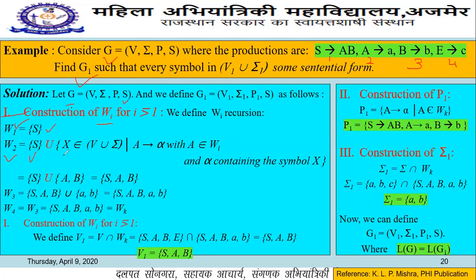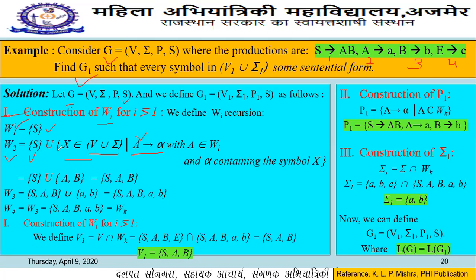the set of symbols from V union sigma, where we construct this set of symbols by choosing the productions in the given grammar G, where A belongs to Wi and alpha is any string of symbols from V union sigma.